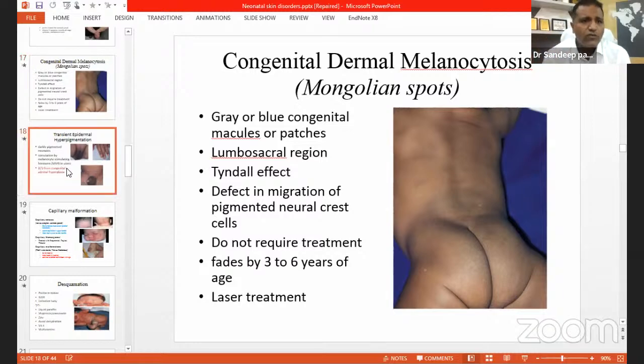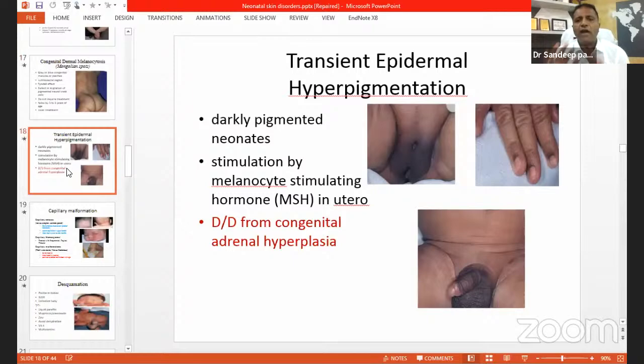Now we'll move on to another lesion, some hyperpigmentary lesions. This is the female genitalia of a neonate, where you can see that the labia majora is hyperpigmented. The knuckles and finger pads of the baby are hyperpigmented. The male scrotum is hyperpigmented.